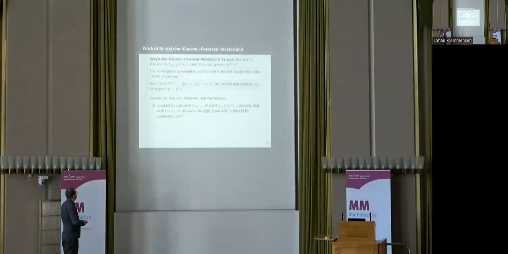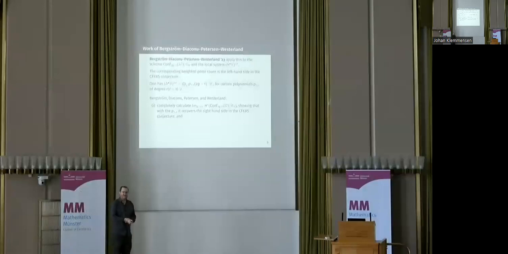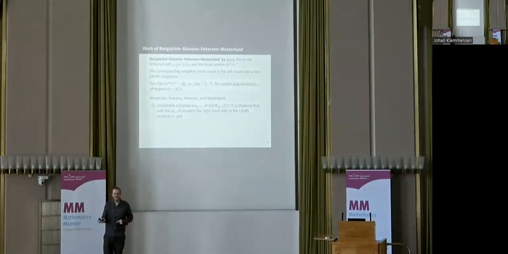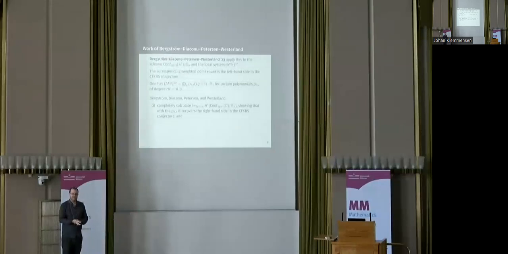And then they do two things. They completely calculate what you get in the large genus limit for these cohomology groups with these coefficients. And they show that when you combine that calculation with these explicit polynomials P lambda R, you exactly get what the right-hand side of this conjecture predicts. These polynomials I called capital Q R of 2g plus 1.